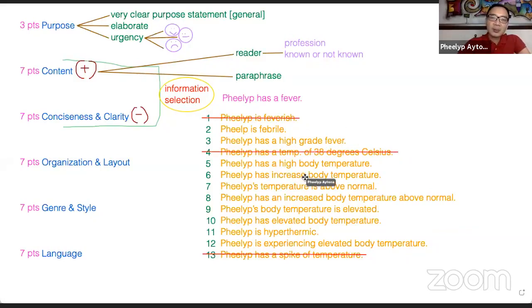Kung sinabi mong mataas yung kanyang body temperature, how would you say number 6? Mas mataas than normal yung kanyang body temperature. How would you say this? It's not increased, right? But rather, increased. It describes the body temperature. However, sometimes the meaning is compromised because of poor grammar.